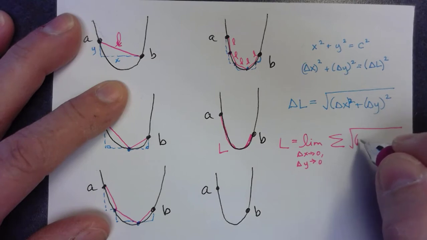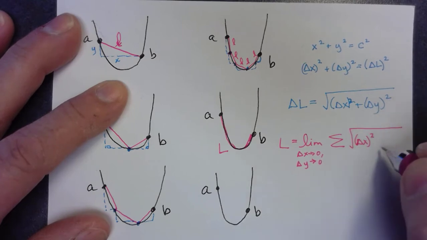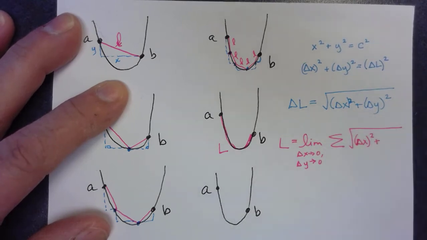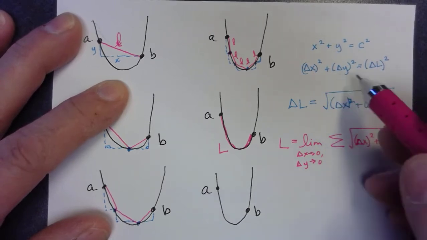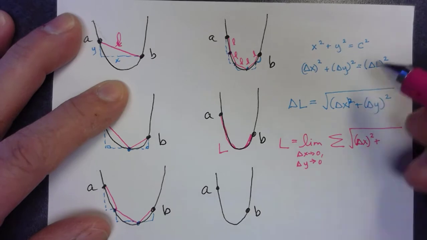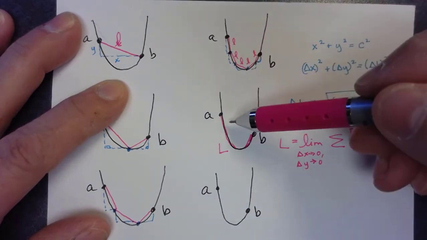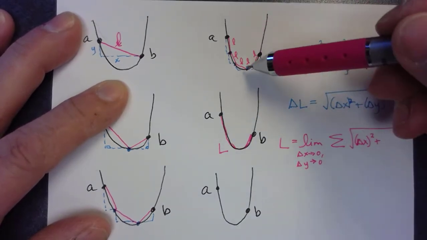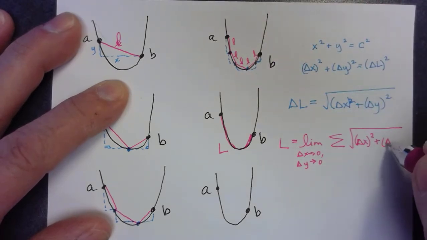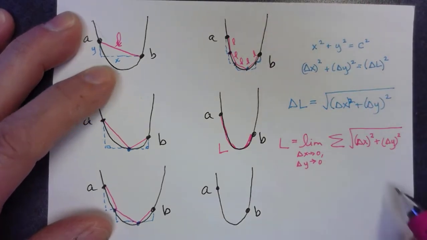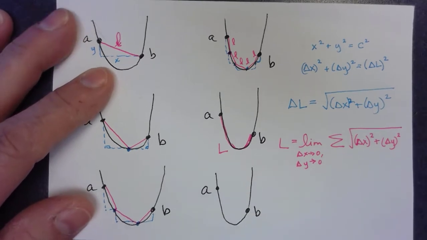And so if I take the limit as my change in x and change in y go to 0, in other words, I push it so that I get an infinite number of these little segments, represented by our Pythagorean theorem.